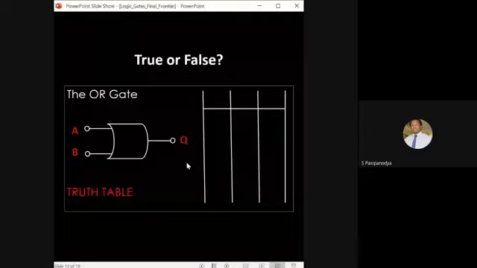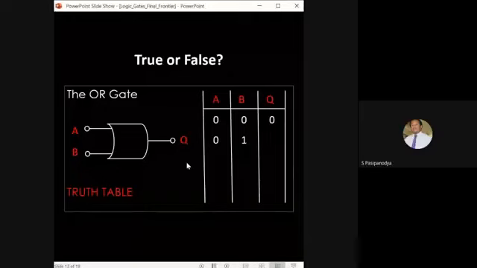When we construct our truth table, we look at the values of A, B, so that we have Q. If your A is 0 and your B is 0, your output becomes 0. If your A is 0, your B is 1, your output becomes what? It becomes 1.